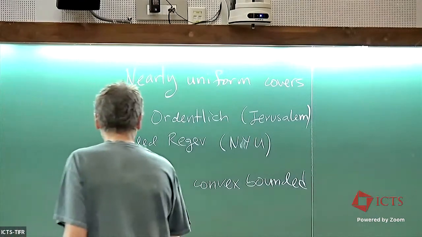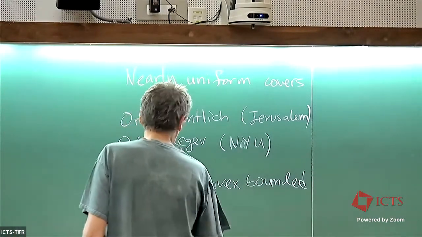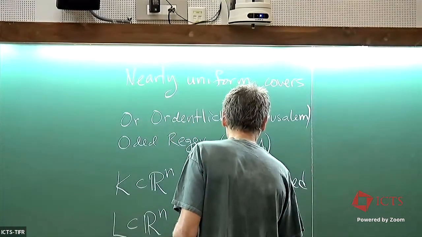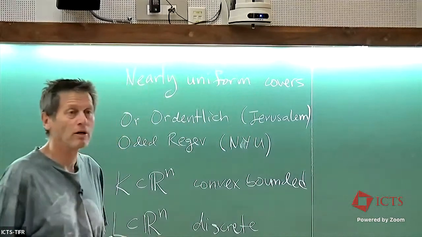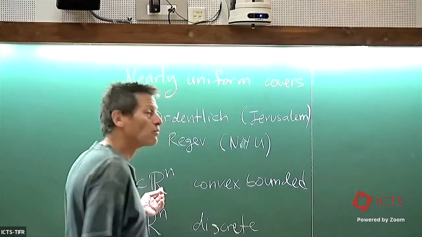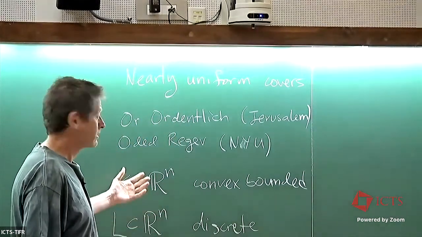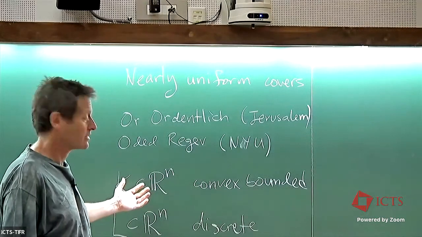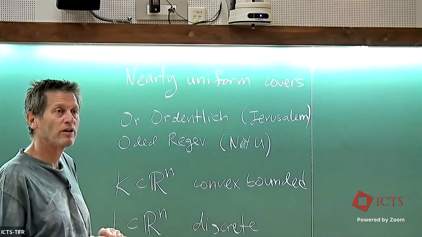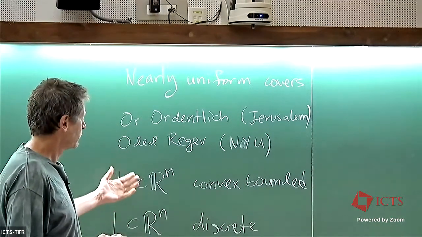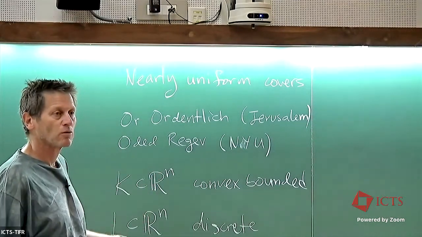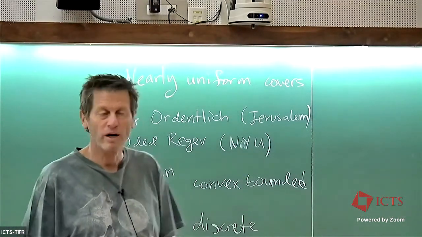We have a discrete set, let's call it L. A very classical problem, which you've probably all heard at least a little bit about, regards whether one can pack copies of K in space disjointly by translating by elements of L, and how densely can we do this? And there's a dual problem. Can we cover the space Rn by translates of K, where you translate by elements of L, in such a way that the overlaps are small?